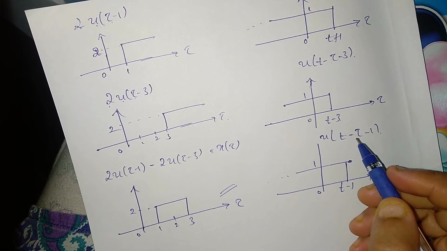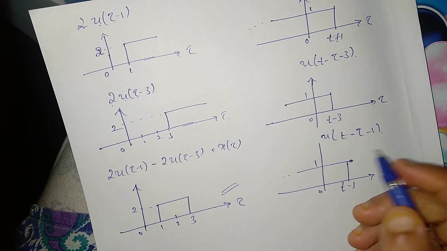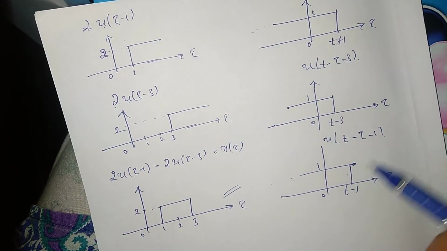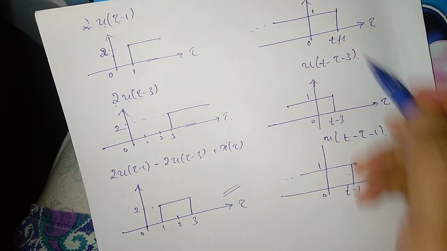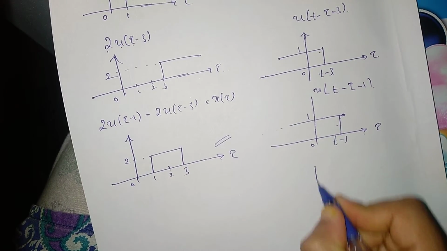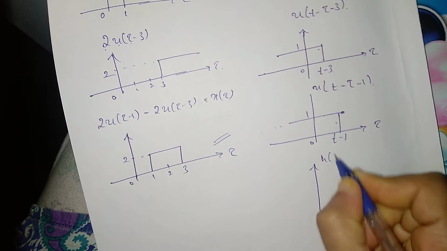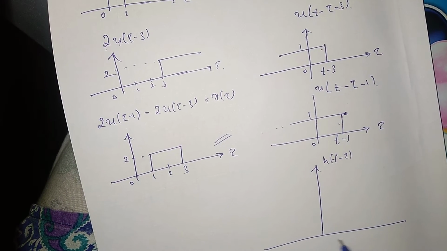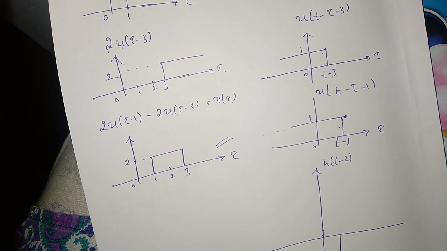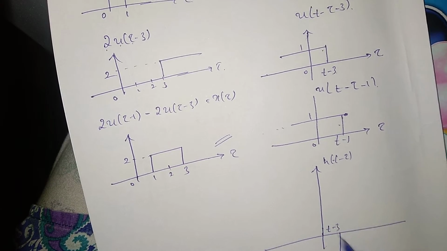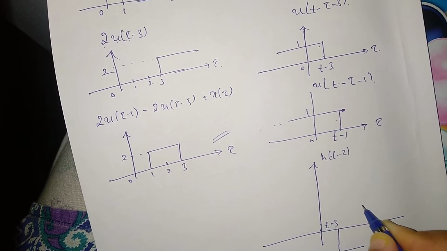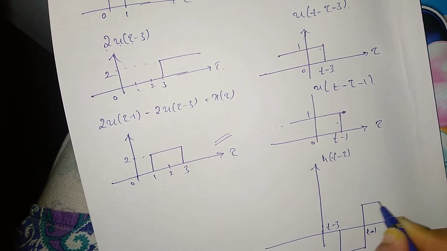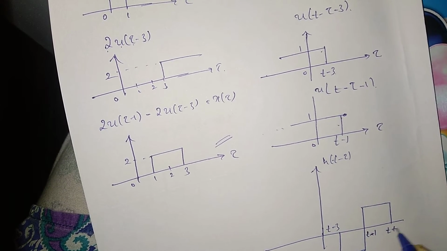Now we need to subtract, right? So this waveform minus this waveform plus this waveform. If we simplify, this is h of t minus tau. You will get it starting from t minus 3, then t minus 1, then t plus 1.